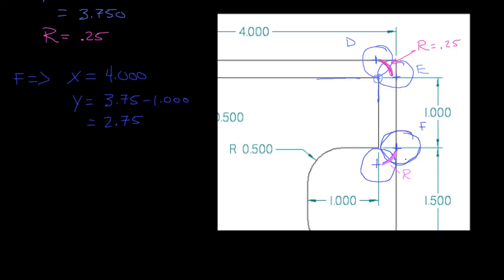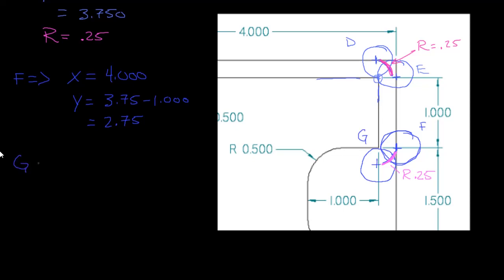And the cutter is a 0.5 inch cutter, so it's going to be 0.25 inches. So the radius is always half the cutter. So we know that. Okay, and so let's just write which point this is. So this is point G.